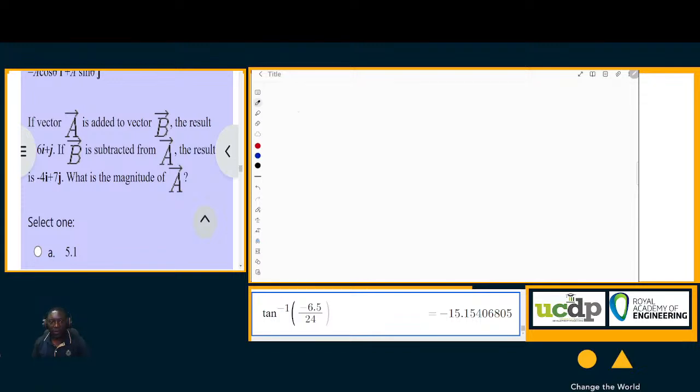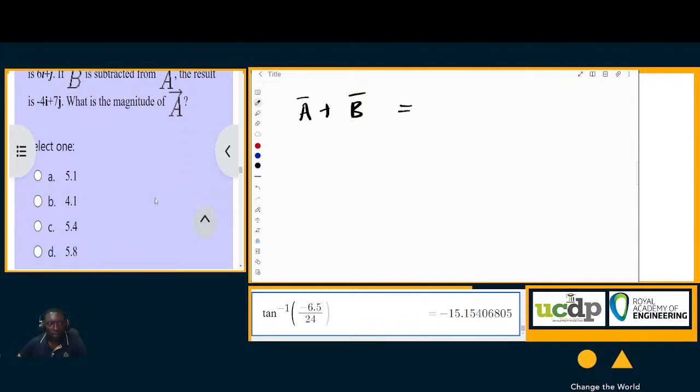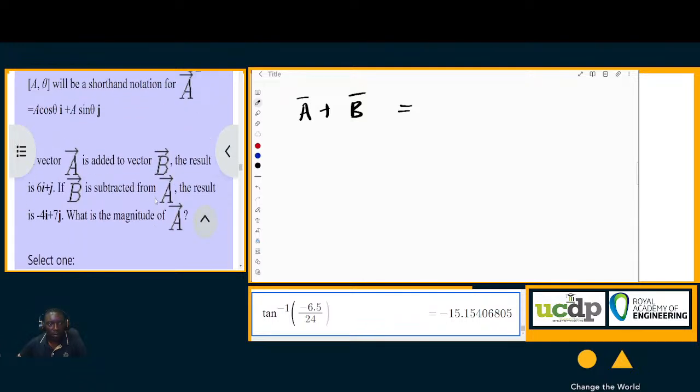So we have vector A plus vector B, adding the vectors. What we are told is that the result is 6i plus j.